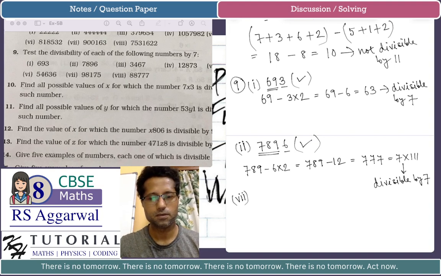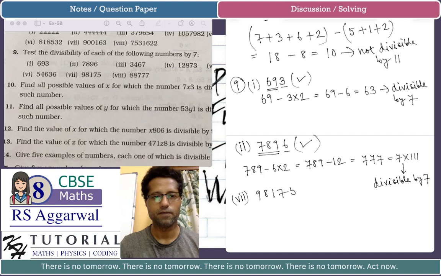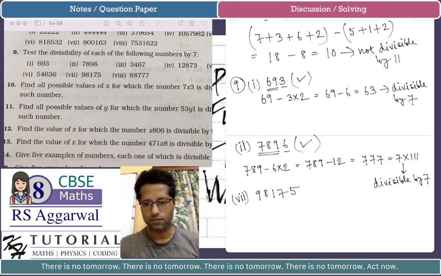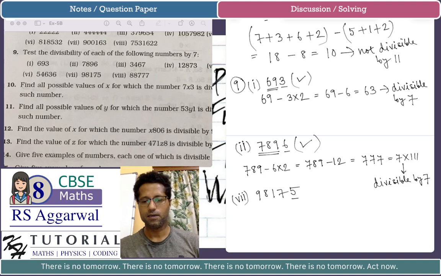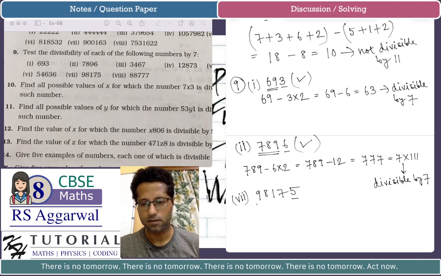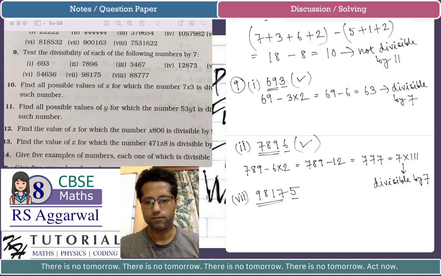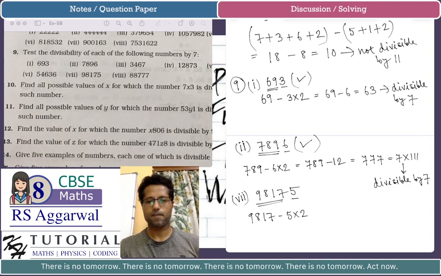The number is 98175. So the digit at the units place is 5, and the number formed by the digits excluding the units digit is 9817. So we have to see whether 9817 minus twice 5 is divisible by 7.